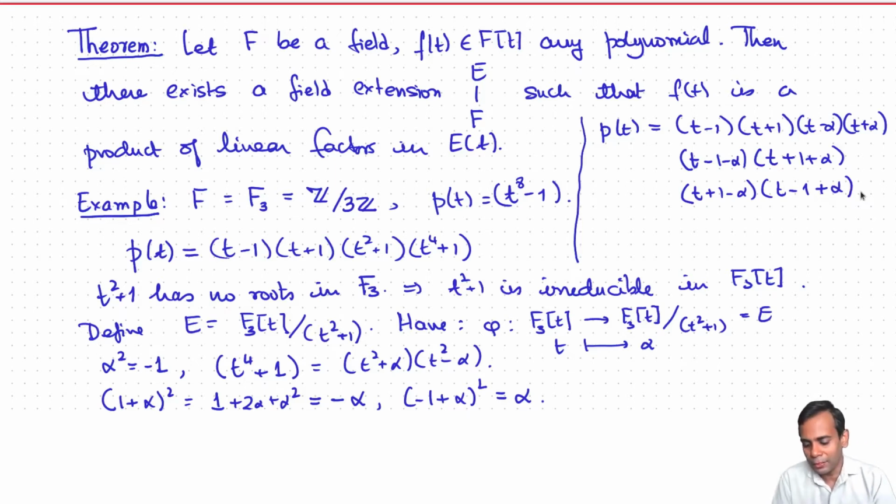So p(t) factorizes into 8 linear factors over the field extension E, which is just F3[t] mod t squared + 1. Let's look at another example with the same polynomial, but instead of starting with F3, we'll start with Q.